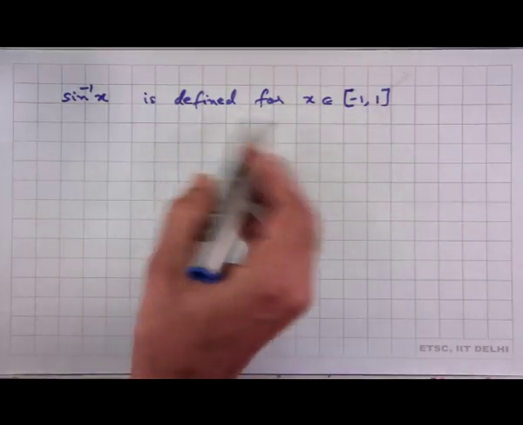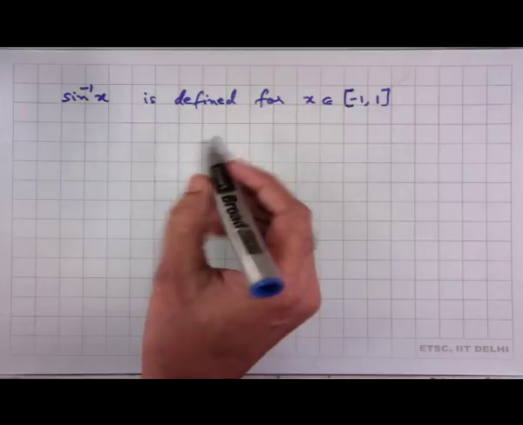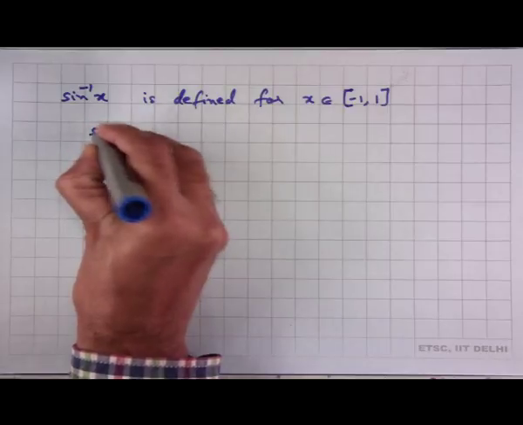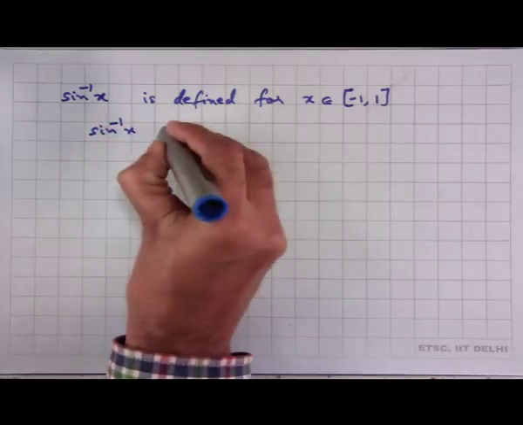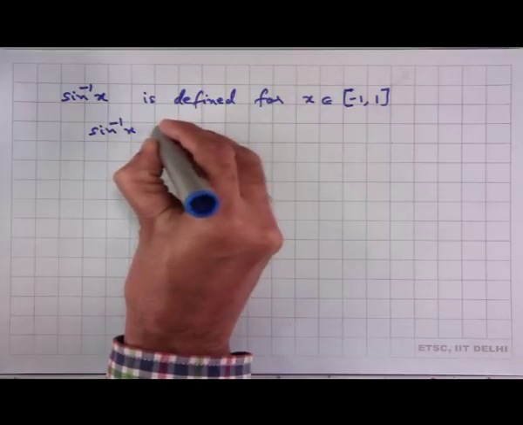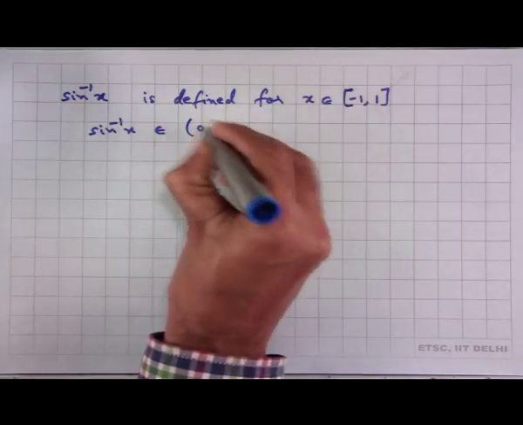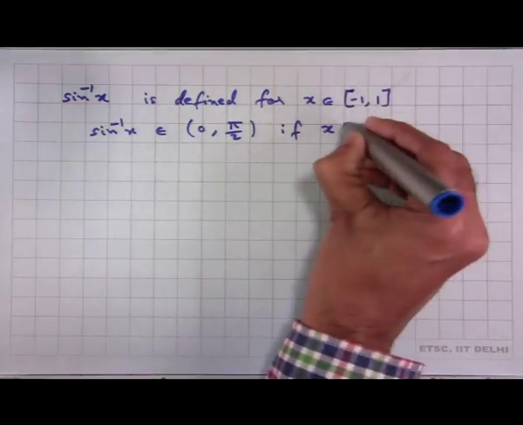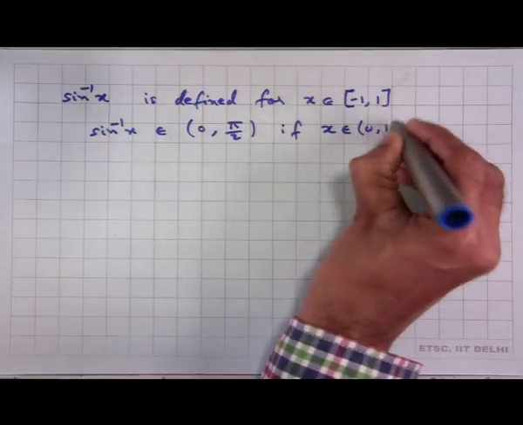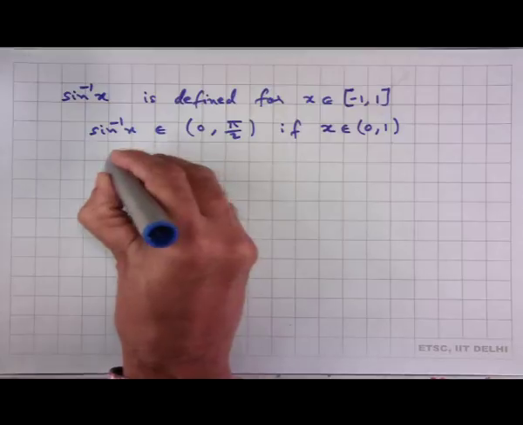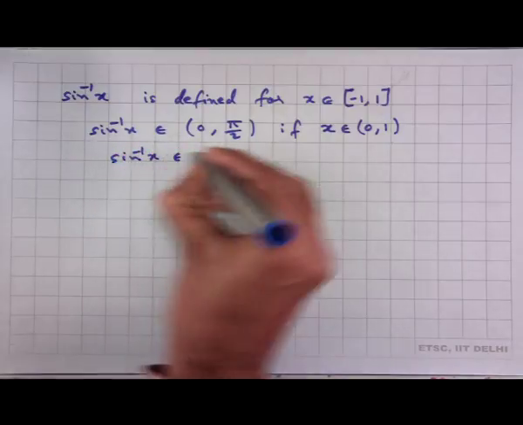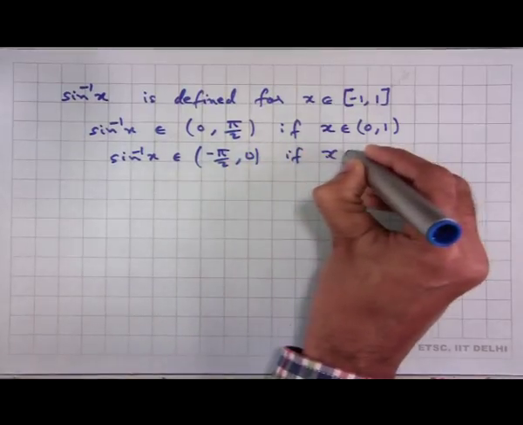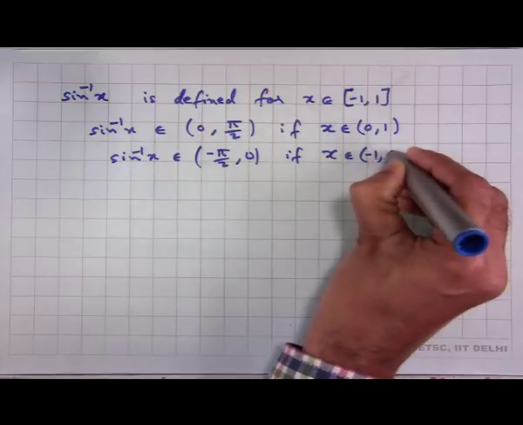So, sine inverse x is defined for x in minus 1 1, and this sine inverse x belongs to 0 to pi by 2 if x is in 0 to 1, and sine inverse x is in minus pi by 2 to 0 if x belongs to minus 1 to 0.